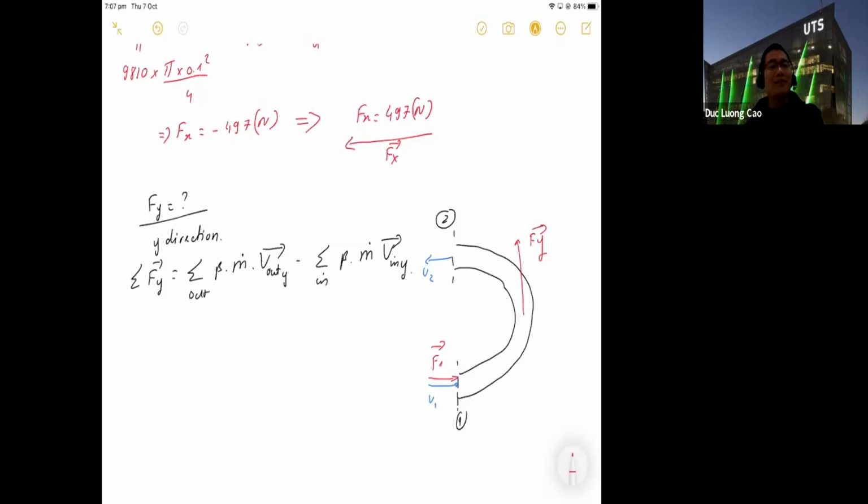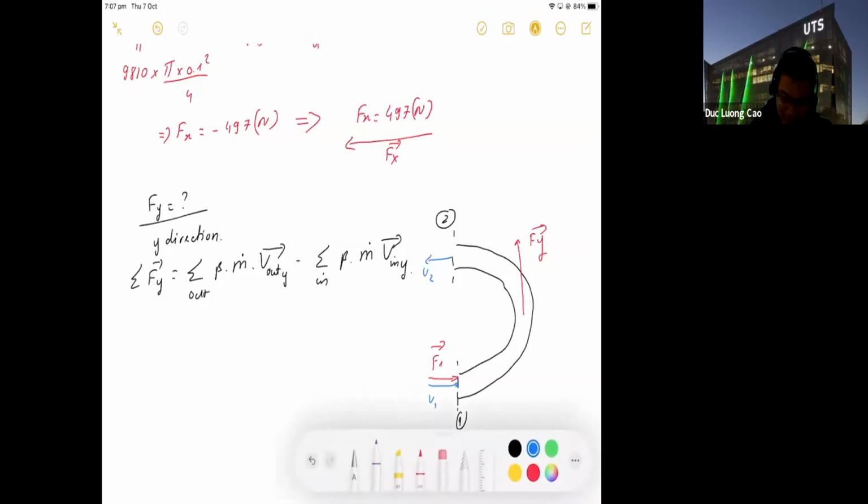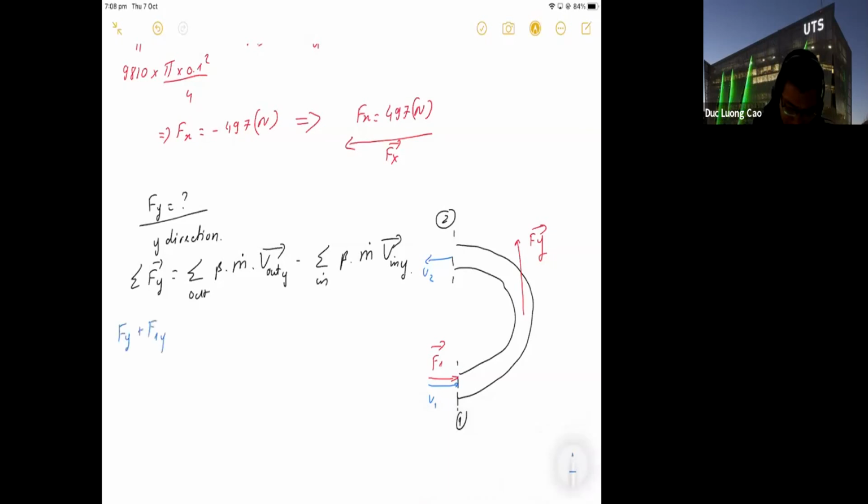Yeah, you're right. It's 0. Fy is 0. Here you see it's going to equal Fy plus F1y, equal to beta m dot V out y, which is V2y, minus beta m dot V in y, or V1y.